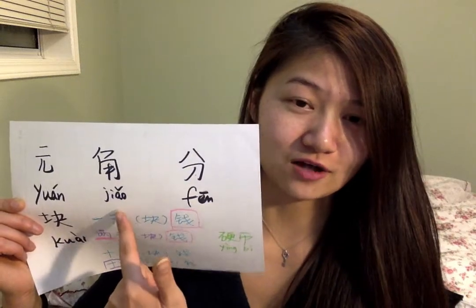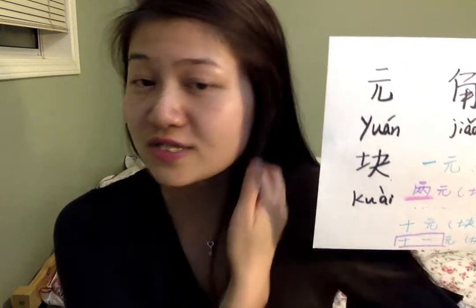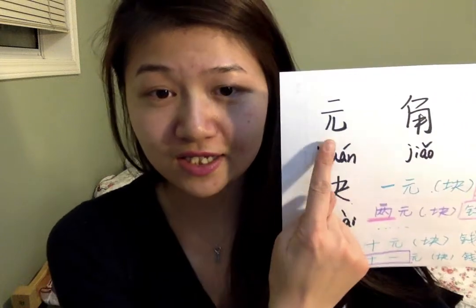Perfect. So here, yuan is used in written language. You can also say it in oral speech, but most of the time when speaking we use 块 rather than yuan. If you say $1, we say 一元.